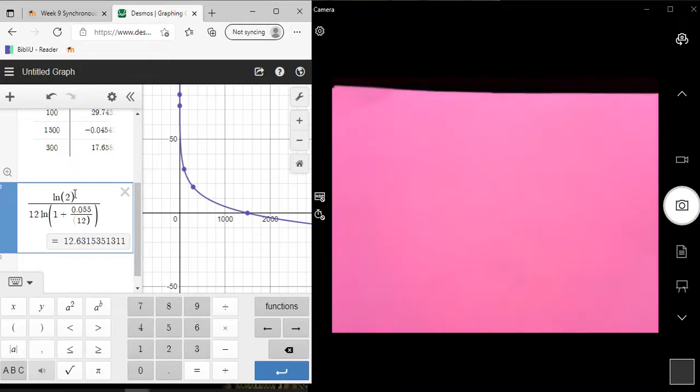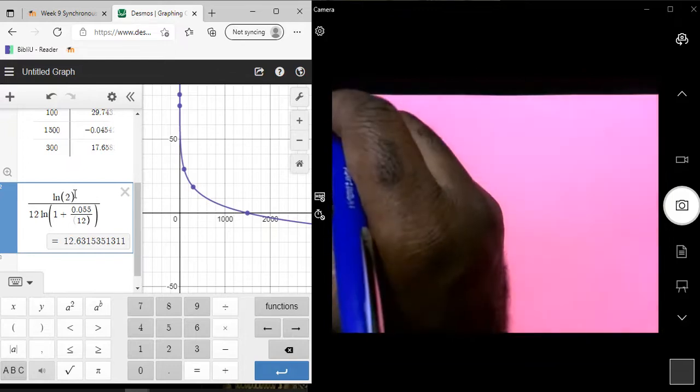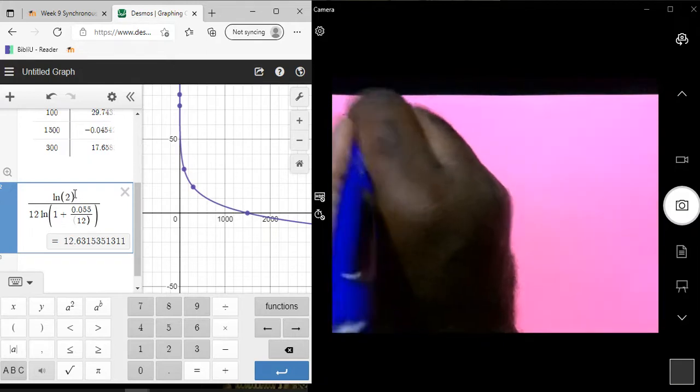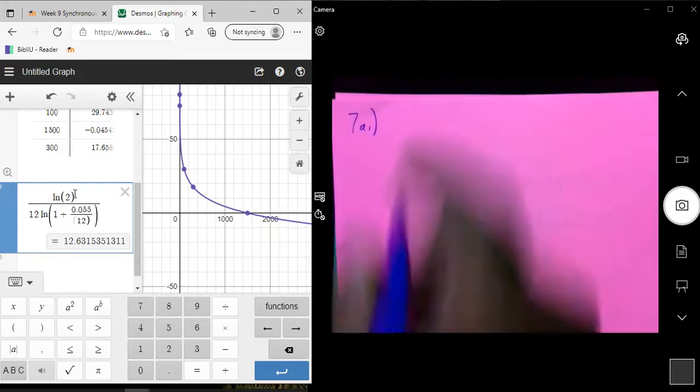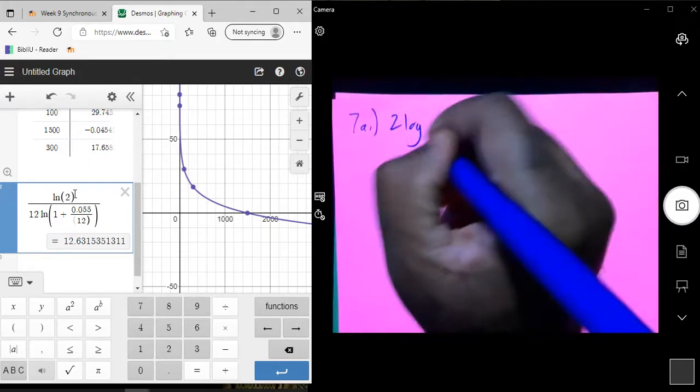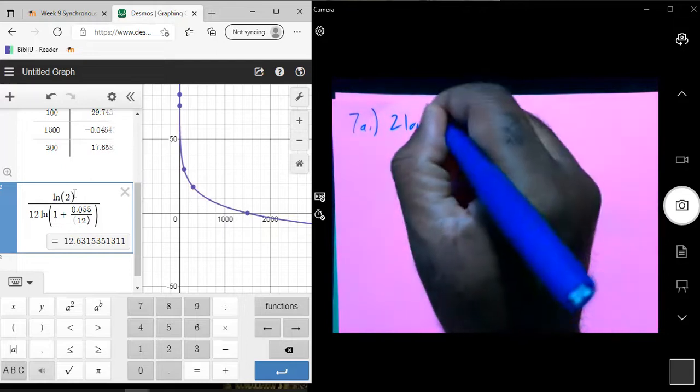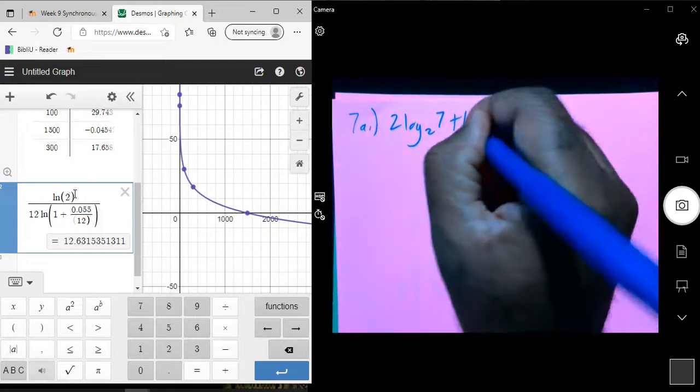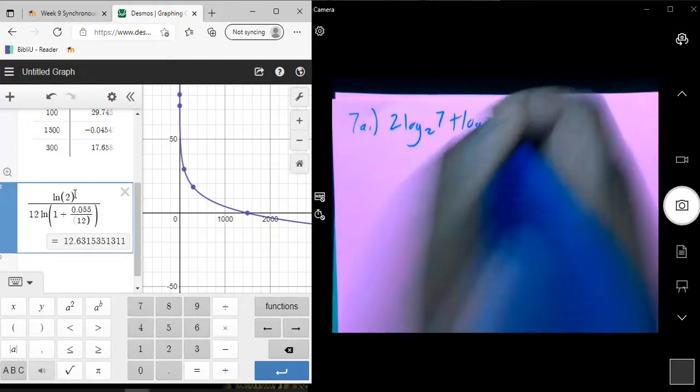Okay, so now, starting with problem 7, it says write each of the following as the logarithm of a single expression with coefficient 1. So we would have 7a. So we have 2 log base 2 of 7 plus log base 2 of 5.